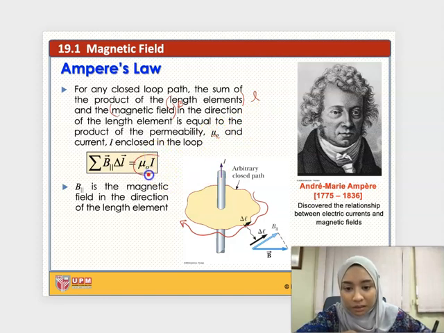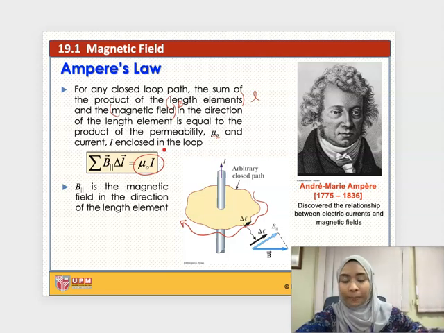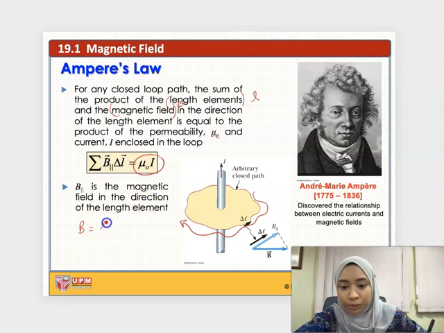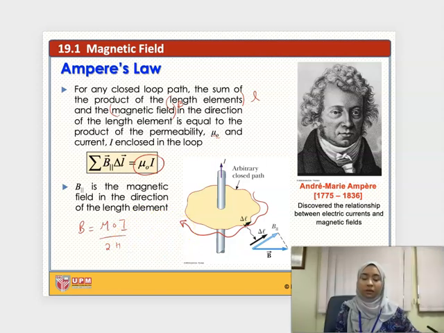So we have seen this part before. Mu naught times I over 2R, and mu naught times I over 2 pi R. We have seen this before. So what we have seen so far is B equals mu naught I over 2 pi R and mu naught I over 2R.